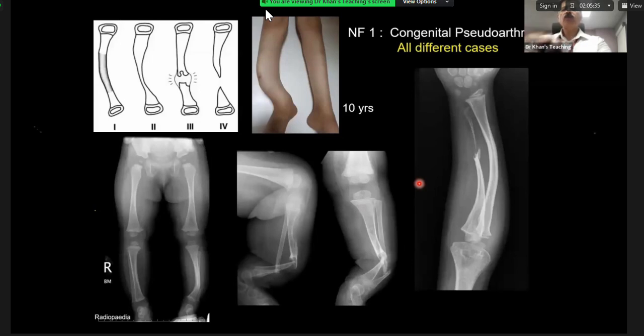As I've told you, NF1 is a very important case, a very favorite of examiners, and multi-system type of cases do come in the exam. So this is one of the plain films which can come with, let's say, an MR of the spine or MR of the brain, etc., with other stigmata.